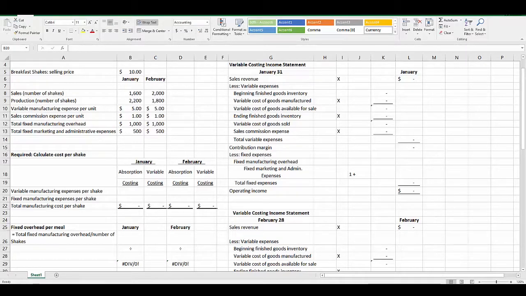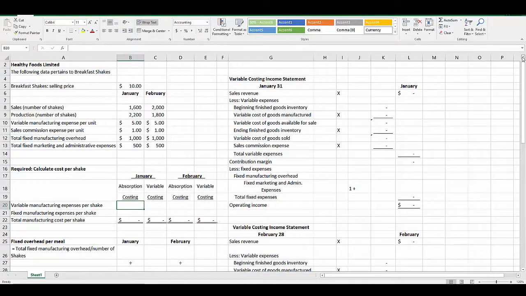This next problem that we are going to do is looking at the difference between variable and absorption costing as it pertains to the particular company that we're looking at, Healthy Foods, and the product that they sell is breakfast shakes.